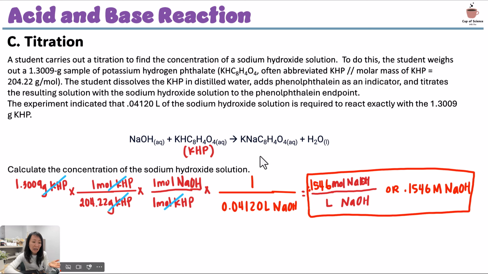Most likely that information will be towards the end of the train track, if you will. If this is a whole train, this is the last track, and the other one will come in the front. That's how you can visualize which goes first and next, by looking at which one you're talking about at the end. We're talking about sodium hydroxide at the end, so I put the sodium hydroxide information at the end. The other one left over will be the KHP.